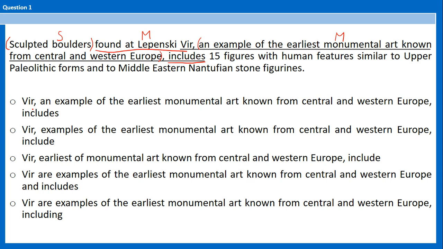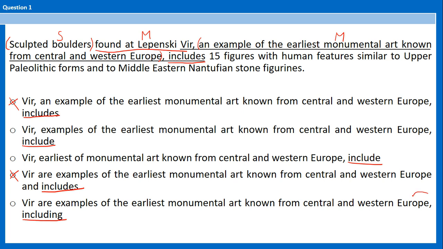I cannot pick includes. If we do a split, eliminate number 1, leave number 2, leave number 3, are and includes. Includes is wrong, eliminate number 4. And including is not a verb, it's a modifier, it's an additive word that gives examples of the noun before the comma.